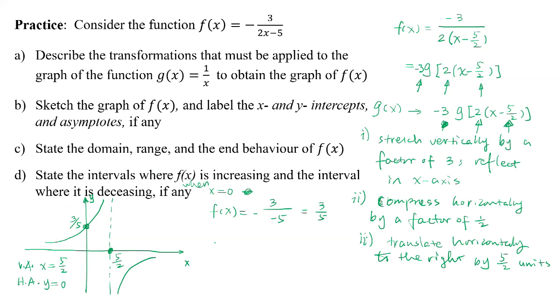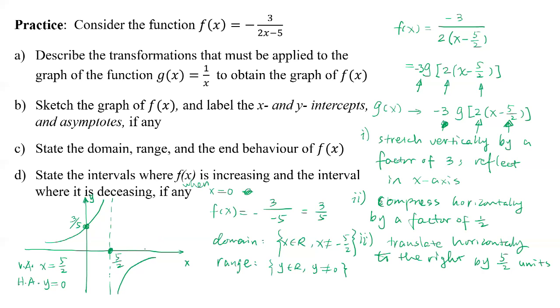Domain: x can be any real number, but x cannot be the number that makes the denominator 0, which is 5/2. And range. Range is any real number except 0. Or you can also write it in interval notation. Either one will do.